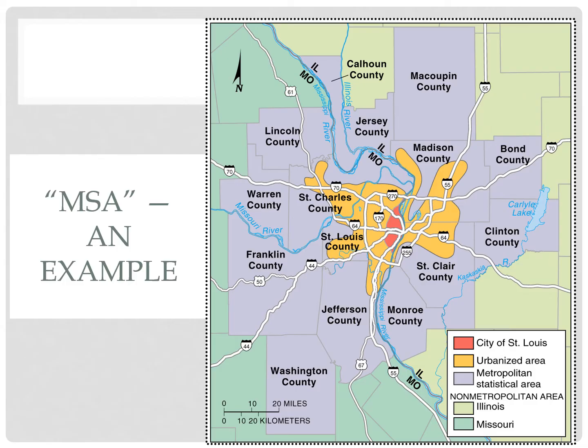This is the St. Louis Metropolitan Statistical Area. What you see up on the screen, the pink or red is the city of St. Louis. So that is the delimited municipality, to go back to our definition. That is the clustered, nucleated settlement of St. Louis. But then you can see the yellow, that is the urban area.